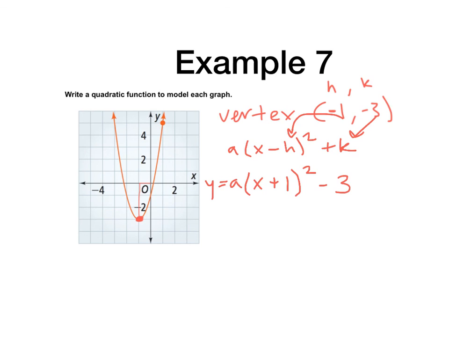How do you think we can find this a value? We need to find a value for x and y to plug into this equation. What value do you think we can use for x and y?